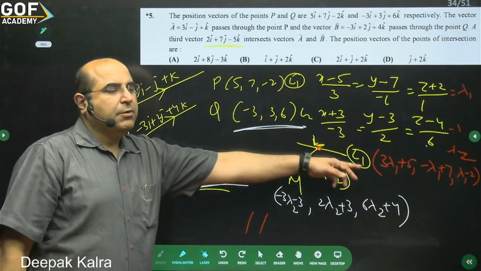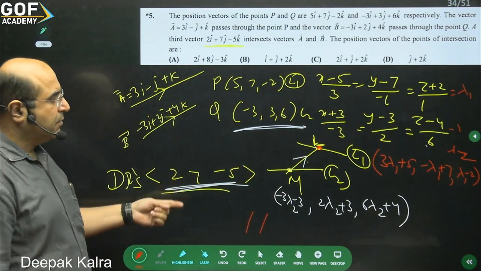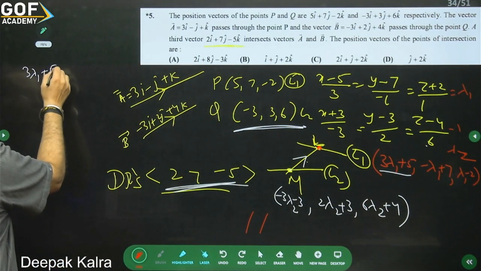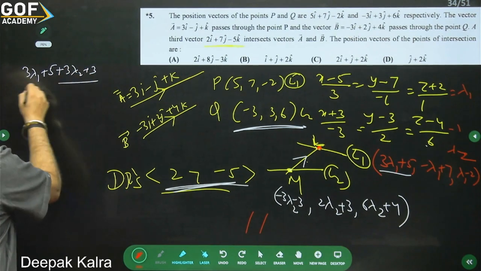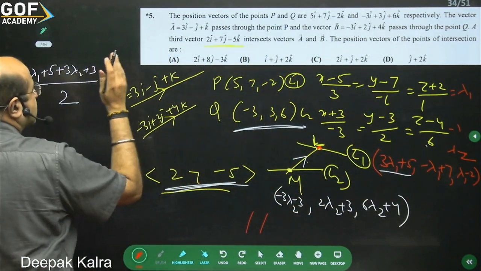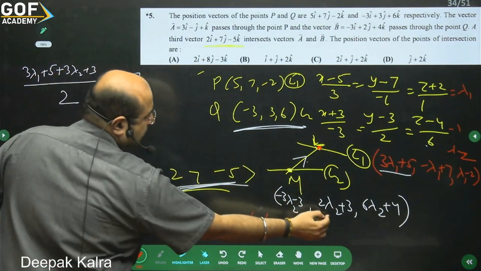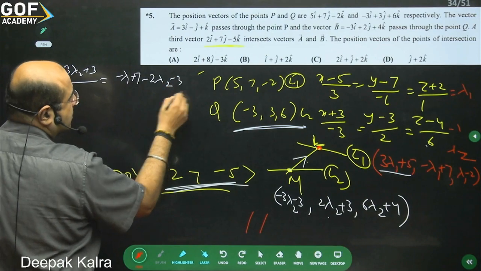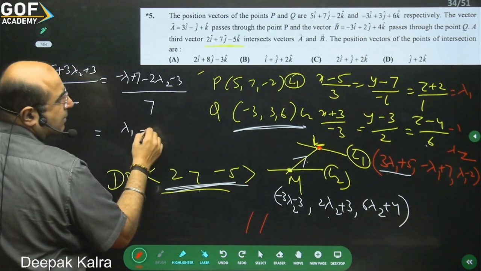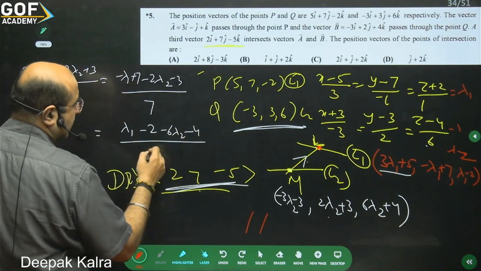Its dr is given as this. What do I do? A2 minus A1. I will form the dr and make it proportional with this. I will get 3 lambda 1 plus 5 minus this, over 2, equals. I'll make the second one minus lambda 1 plus 7 minus 2 lambda 2 minus 3, over 7, equals the last one, lambda 1 minus 2 minus 6 lambda 2 minus 4, over minus 5.